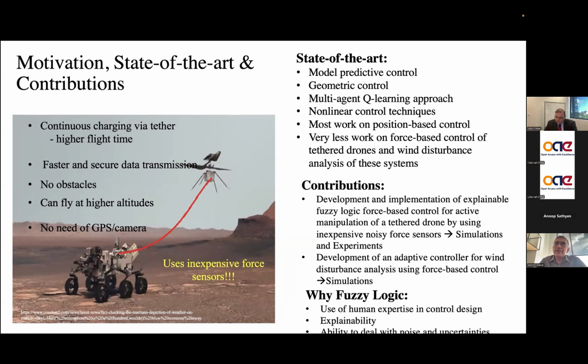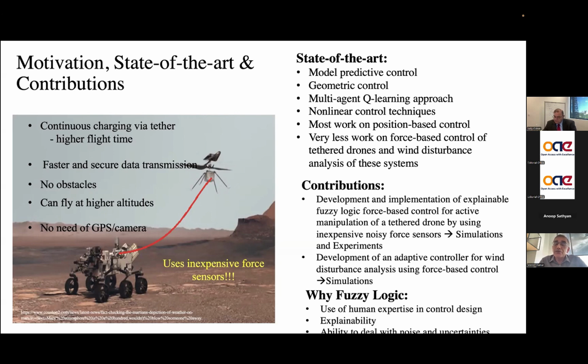And as you know, a tethered drone does offer a lot of advantages, mostly in terms of continued operation for longer time, but also the cable can be used to transfer data, as well as the cable also provides a safer mechanism for operating drones.